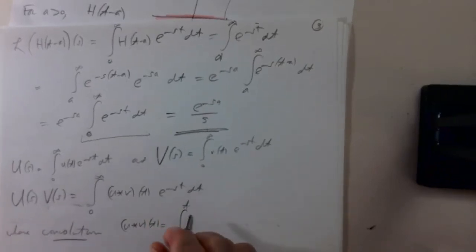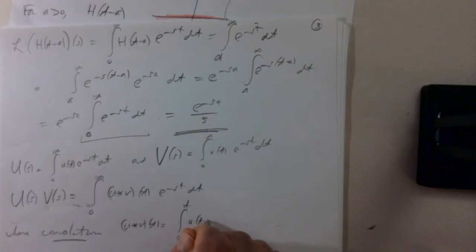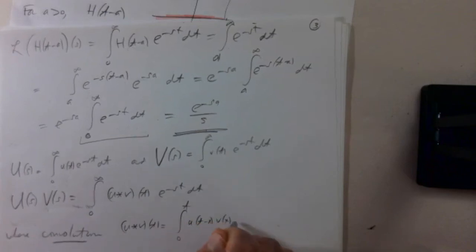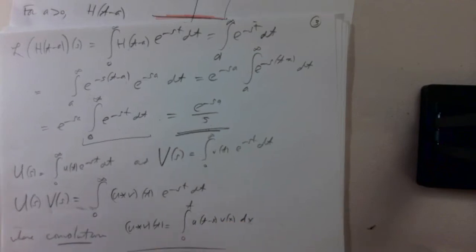I'm going to use x as a variable because I like x. It's easier for me. u of t minus x, v of x, dx. This is the definition of the convolution of two functions.